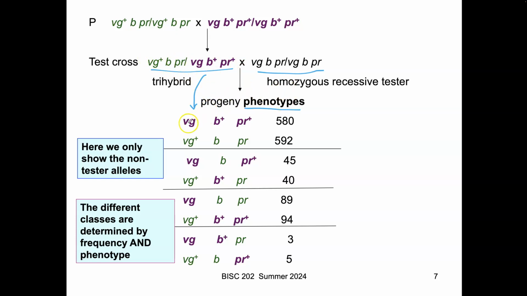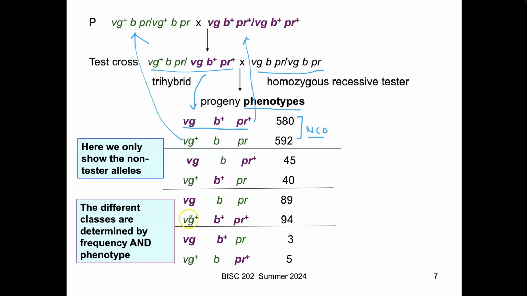Okay, so when we look at this, we see lots and lots of progeny that are similar to one parent or the other. Okay, so these are our parentals, and I just call them the NCO, non-crossover class. So we expect to see two categories that are high frequency, and those are the ones where no crossing over occurred.